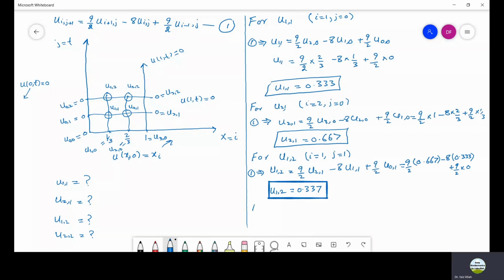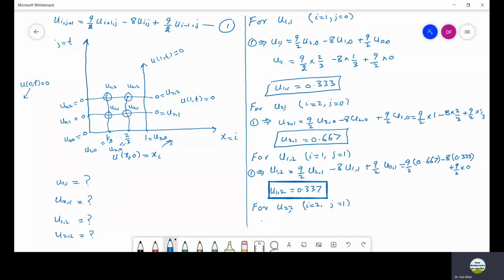Now the last value is for u2,2. How to get u2,2 from the left hand side of equation number 1? So we need to put i is equal to 2 and j is equal to 1.